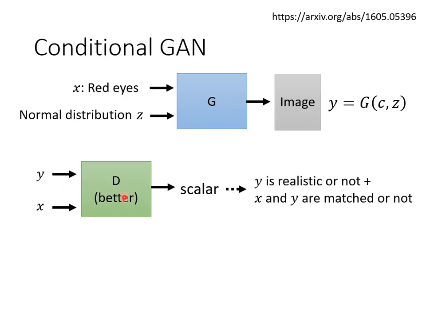The discriminator still won't give high scores. Under what circumstances will the discriminator give high scores? Not only should the picture be good, but the picture must also correlate to x, which is the input text description. The picture must correlate to the input description, and then the discriminator will give high scores.